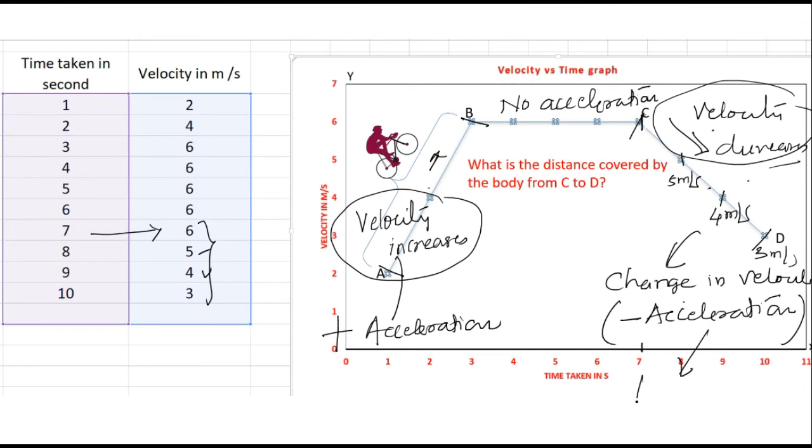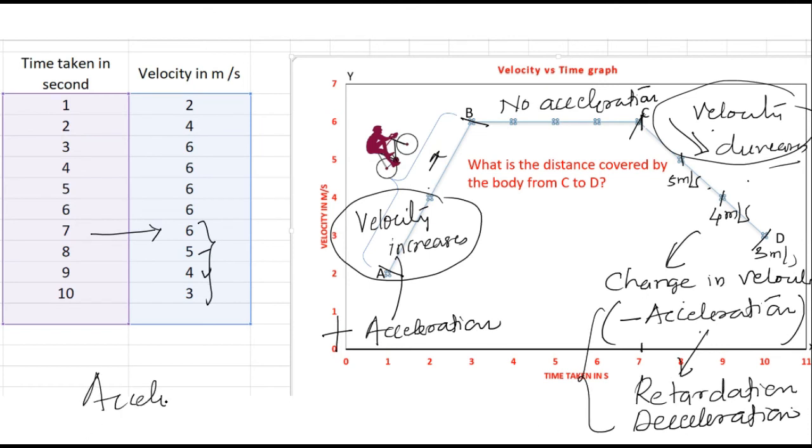Okay, it can also be called retardation, another word for negative acceleration, or it can also be called deceleration. All are same, right? If only acceleration is written, it means it's a positive acceleration. Okay, so please remember this.